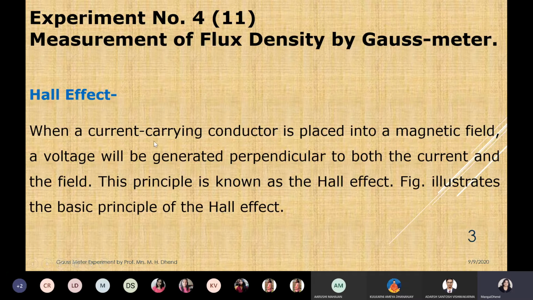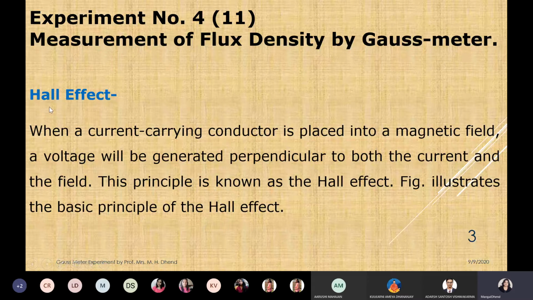So now you are keeping your semiconductor strip, through which current is passed, in a magnetic field. Then voltage will generate across that strip. Okay. And that generated voltage is known as the Hall effect, because this effect was observed by the scientist Hall. So Hall is not a room, it is a scientist's name.